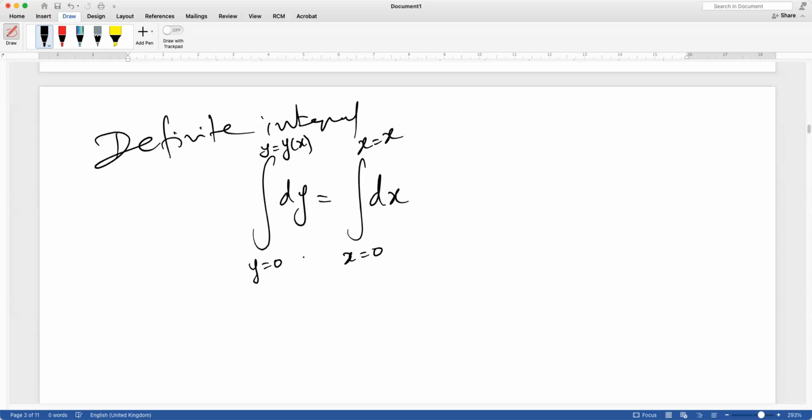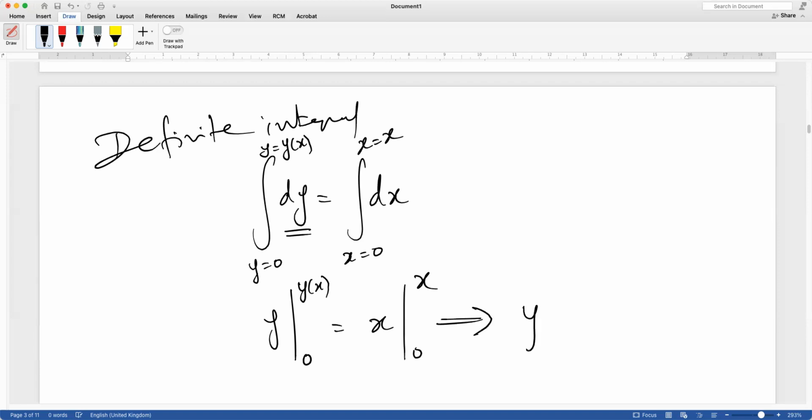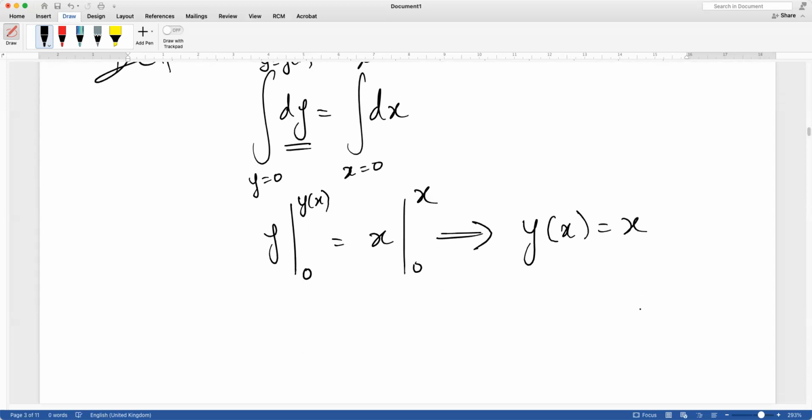Yes, sir. Okay, so that makes us complete the integration. That is y acted upon by the limit 0 to y of x, which is equal to x itself, limit 0 to x. So this leads to y of x is nothing but x itself. So the integration constant won't be needed if you have done a limit integral. Is that okay? Yes, sir.